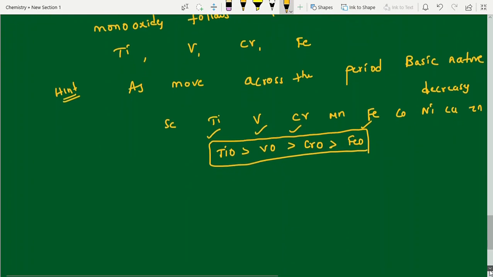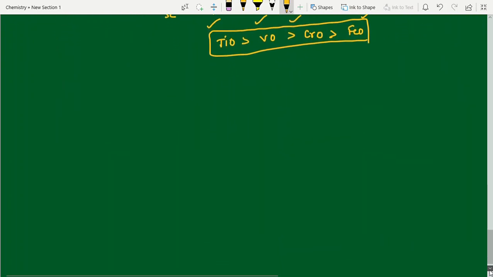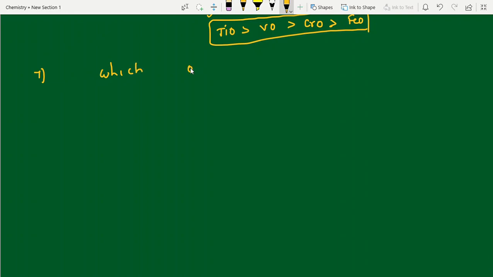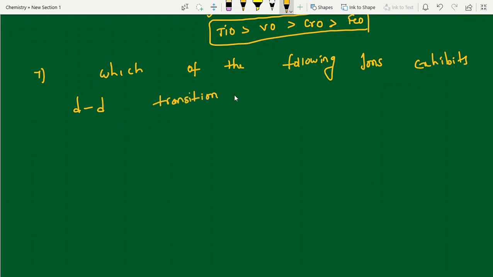See, this is a little tricky question, but a very important question. Question number 7. Which of the following ions exhibits d-d transition and paramagnetism as well?